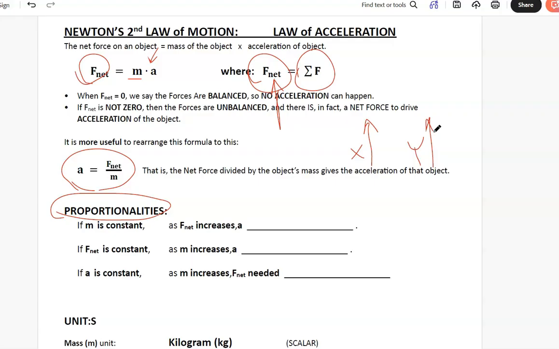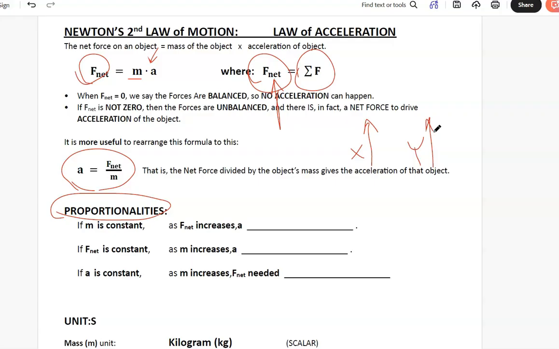Anytime you talk about proportionality, you have to be talking about two things in a formula, and any other parameters, any other properties that are in the formula, you have to assume aren't changing while you're analyzing it, okay?